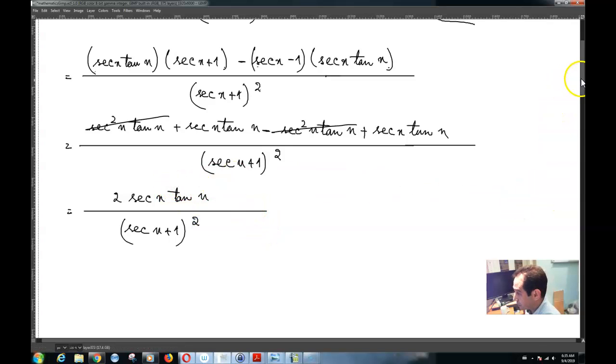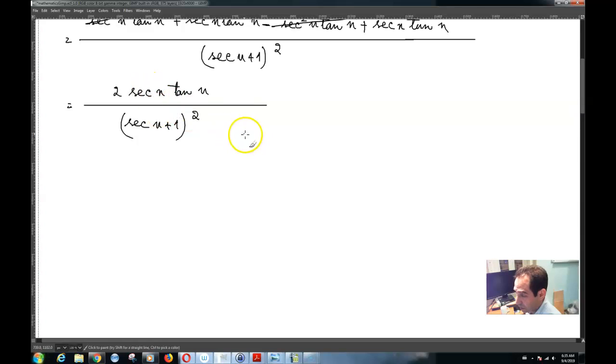Now secant x tan x could be probably simplified. Secant x tan x is the same thing as, well, secant x is 1 over cos x, and tan x is what? Sin x over cos x.